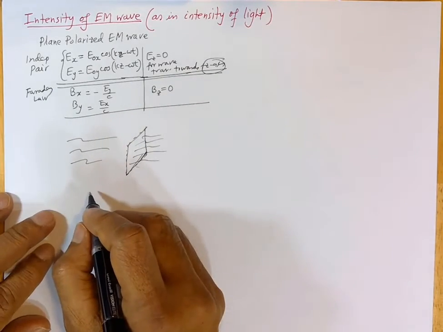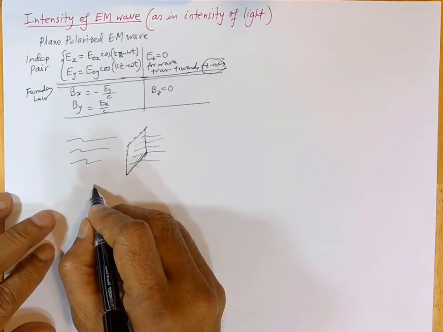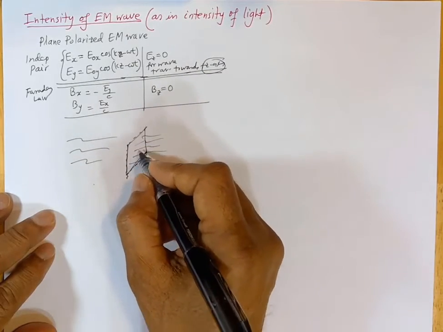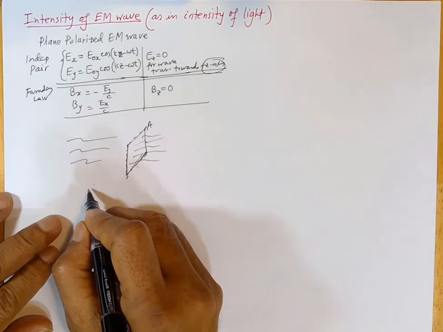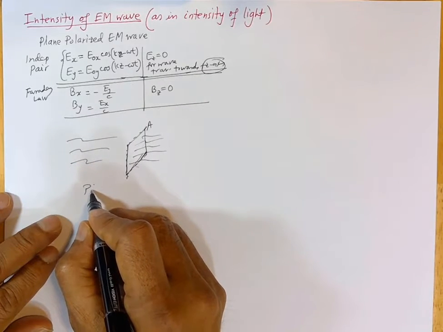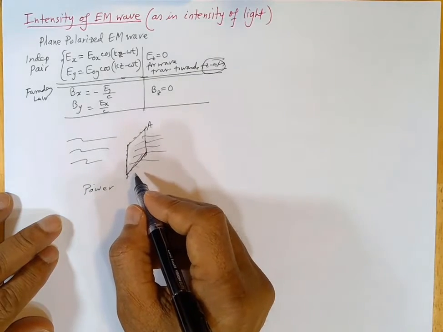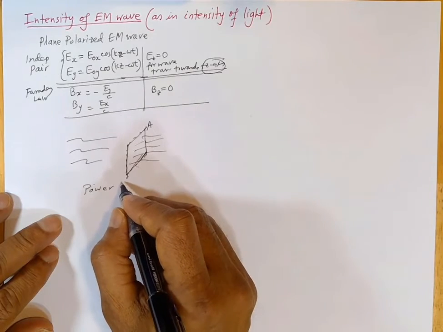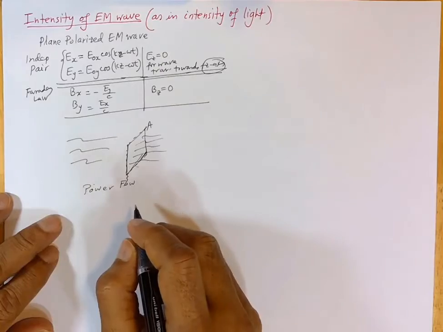So what I want is per unit area. This arbitrary area A, so I want power flow per unit area. I want to know power flow.